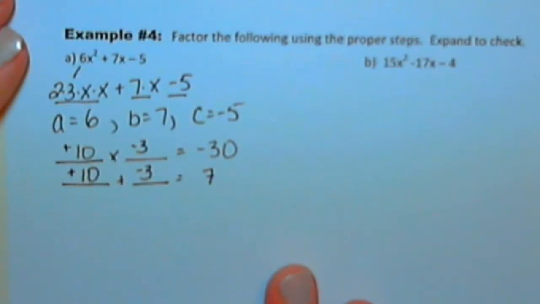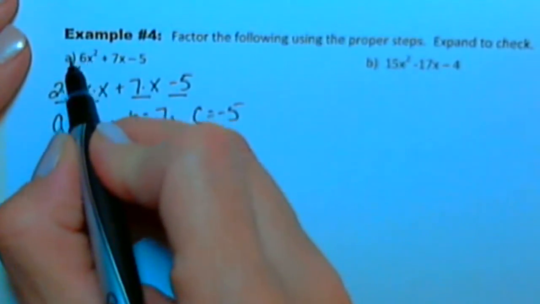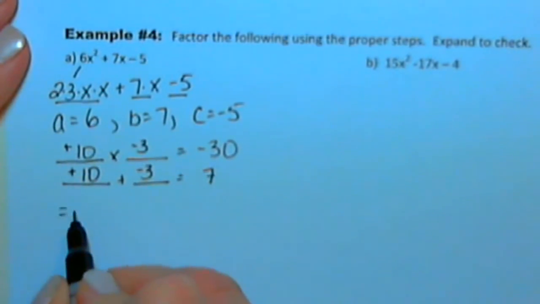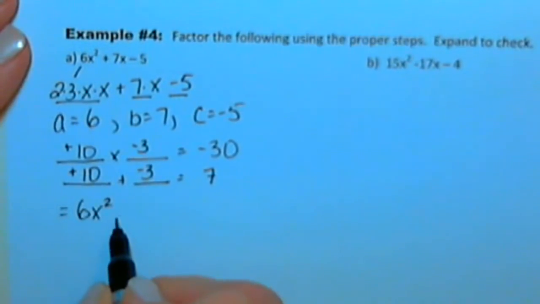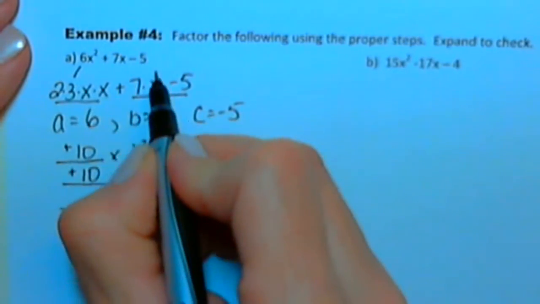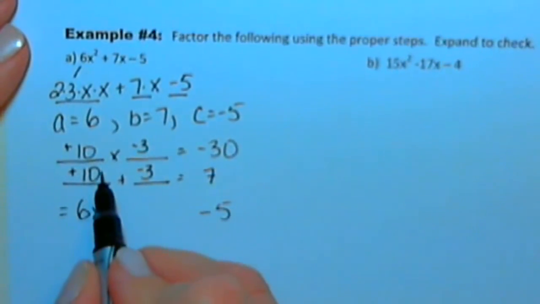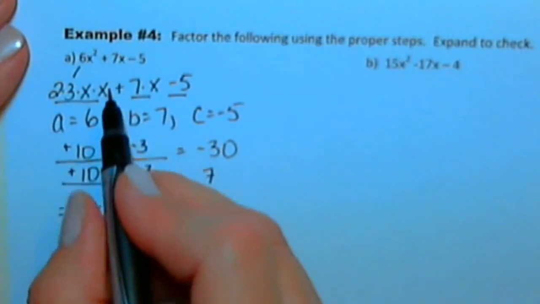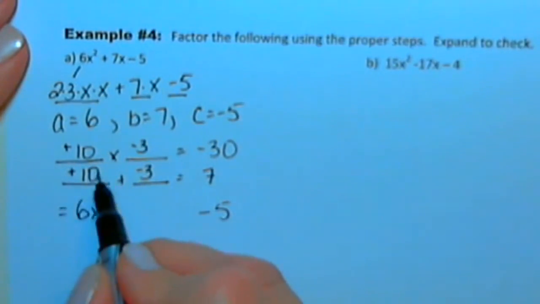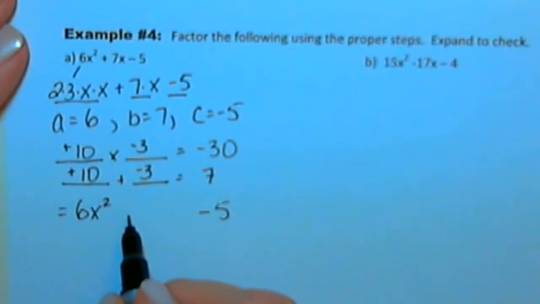Next step, write the first one down, 6x squared. Leave a space, write the last one down, minus 5. And then here, replace the plus 7x with plus 10x minus 3x.